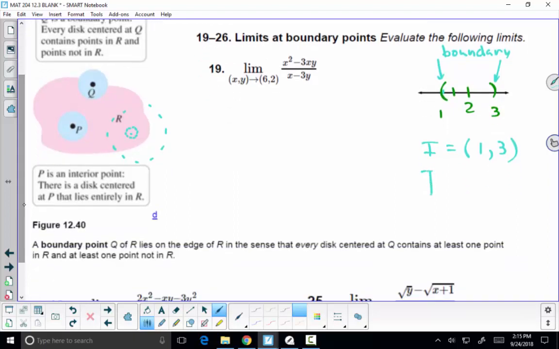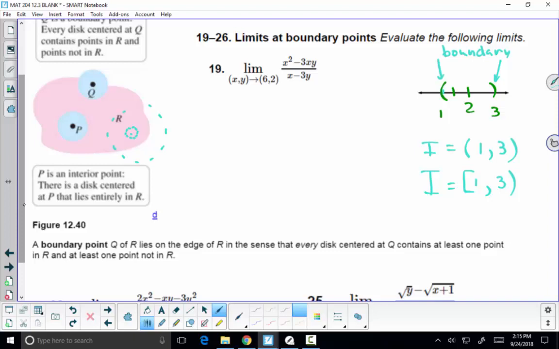So what about if your interval was this? So then boundary points are the same. Interior points are also the same. Right? 1 is not an interior point to that set because there is no neighborhood of 1, in other words, no interval surrounding 1 that's totally contained in this interval.